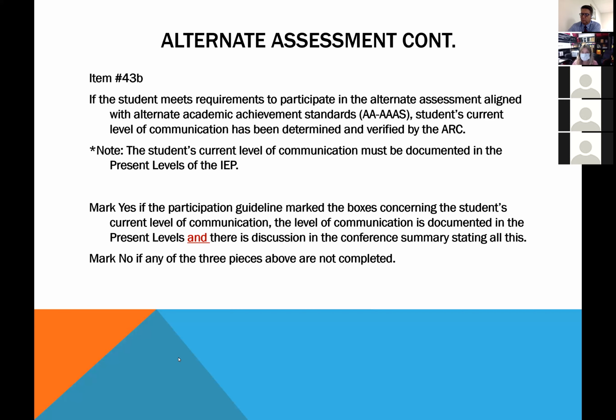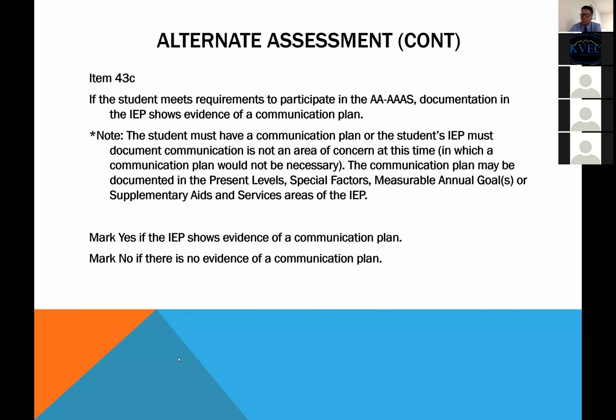The communication plan may be documented in the present levels, special factors, the measurable annual goals, or supplementary aids and services in the IEP. So we're going to mark yes if the IEP shows evidence of a communication plan, not just marked on your participation form. Mark no if there is no evidence of a communication plan. So even though you mark it on the guidelines, we still have to have the communication plan. We still have to see it.